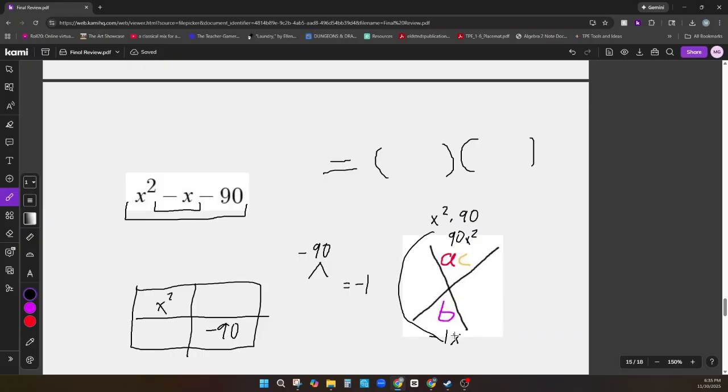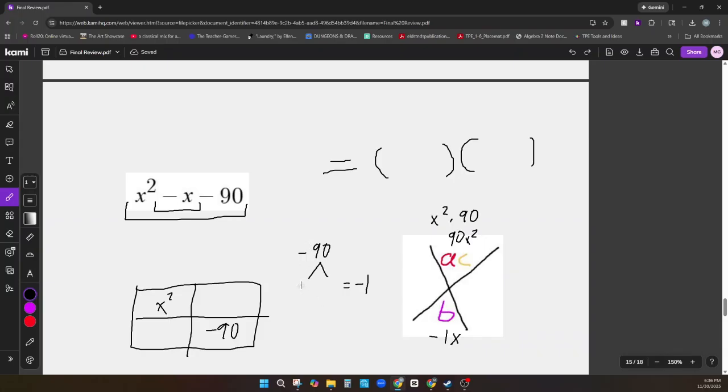So if this helps you to visualize and organize your work, that's totally cool. But until we have an A value here, this is not required. If it's useful, more power to you. But we also have our standard factoring method, just breaking up our negative 90 to see what we could break this up into in order to get our negative 1.